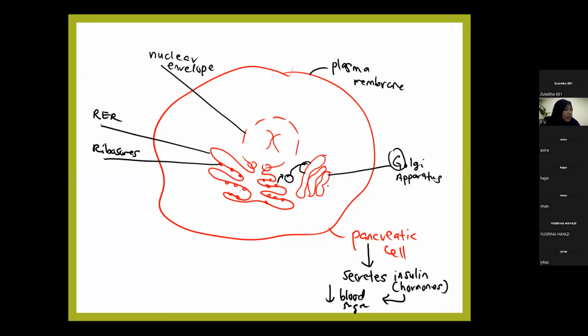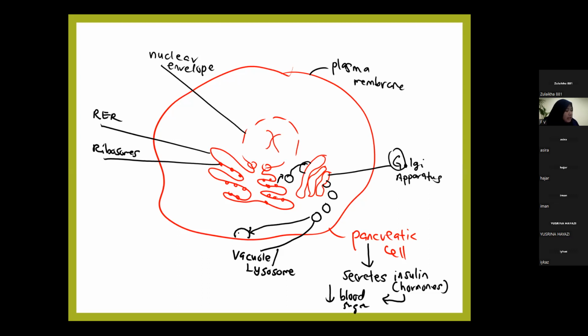And after that, from the Golgi, you will have a vesicle or vacuole. Daripada Golgi itulah, ini kita panggil vacuole. Or maybe this vesicle is also modified into lysosome. So depends. Ini adalah vacuole ataupun lysosome, where this vacuole later on will be transported to the plasma membrane.